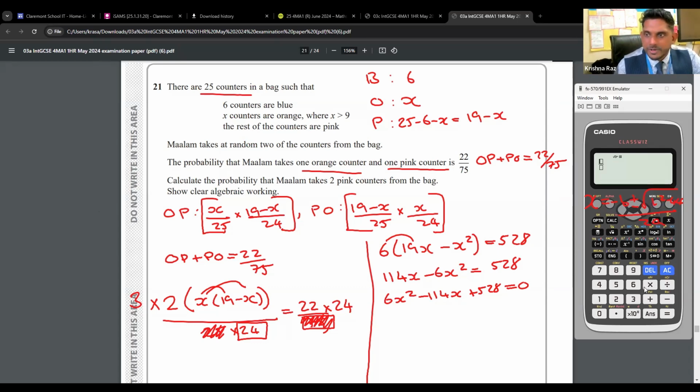So we've got x equals minus b, so minus minus 114, plus or minus square root of b squared, minus 4 times 6 times 528, all over 12, 2 times 6. So I get 11.